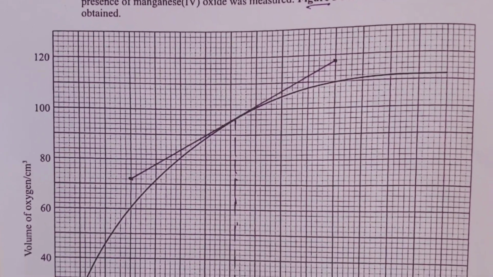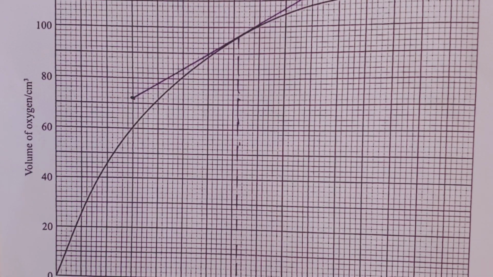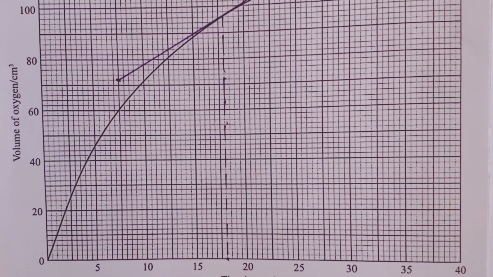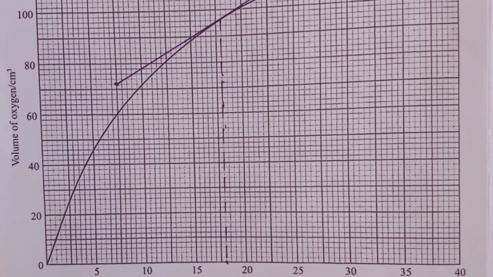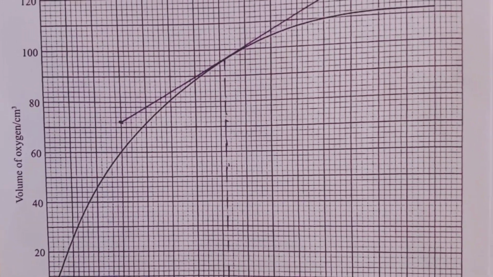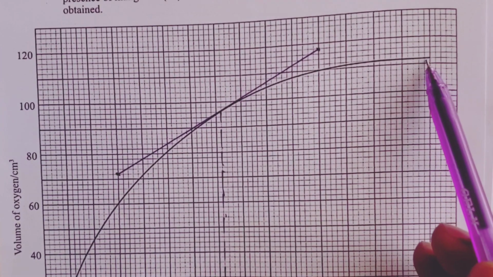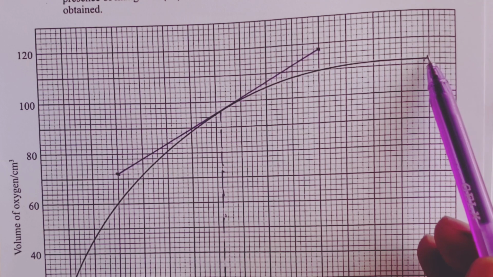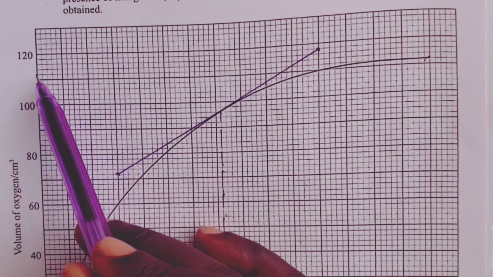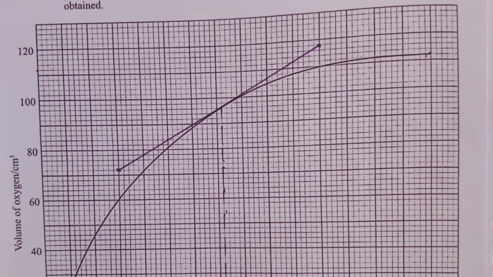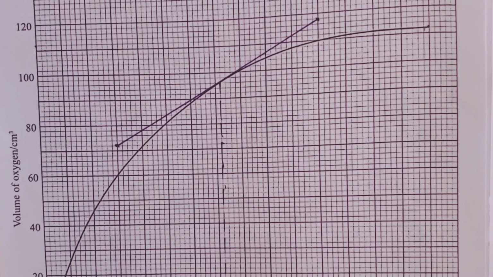On the y-axis, we have volume of oxygen produced, and on the x-axis we have time. This curve was drawn over a period of about 37.5 seconds, and we can see the maximum volume of oxygen obtained was about 112 cubic centimeters. With that, we are supposed to use the graph to answer the questions that follow.